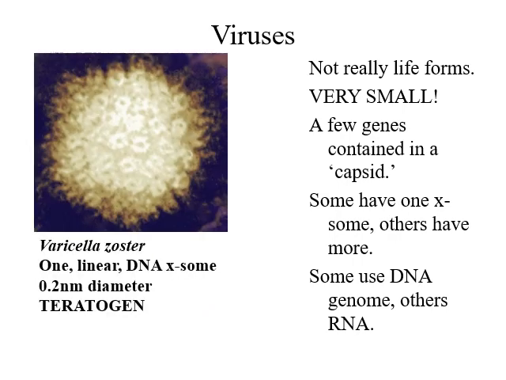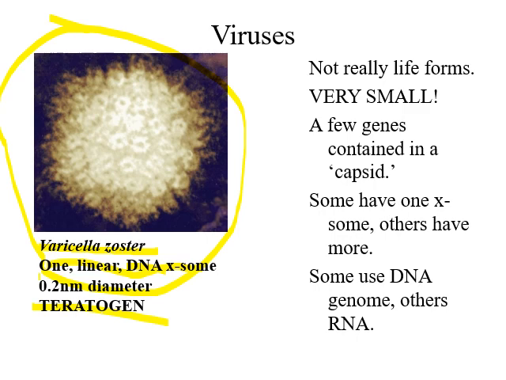This is an image of another virus called the varicella-zoster virus. It's a DNA virus. It has a single linear chromosome. It's about 0.2 nanometers in diameter. It's quite small, and it is a teratogen. Right.